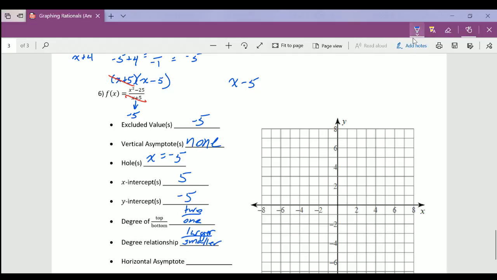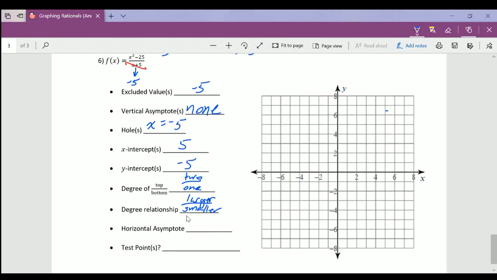Okay, now this is where I said I wasn't really going to go into much detail. Okay, all we need to know right now is that there is no horizontal asymptote. If the degree of the top is bigger in any way, shape, or form than the bottom, then there is no horizontal asymptote.